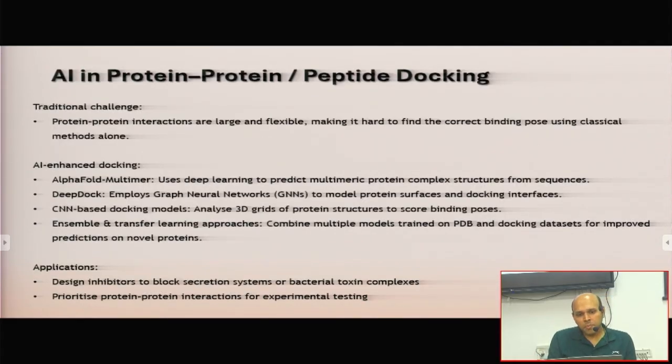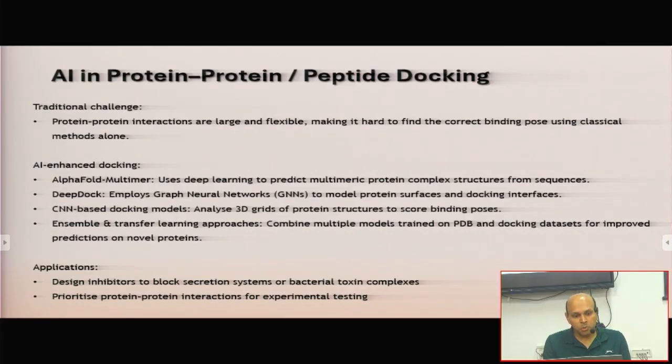So AI in protein-protein and peptide docking. Protein-protein interactions are large and flexible, making it hard to find the correct binding pose using classical methods alone. So AlphaFold Multimer is an example of AI-enhanced docking. It uses deep learning to predict multimeric protein complex structures from sequences.